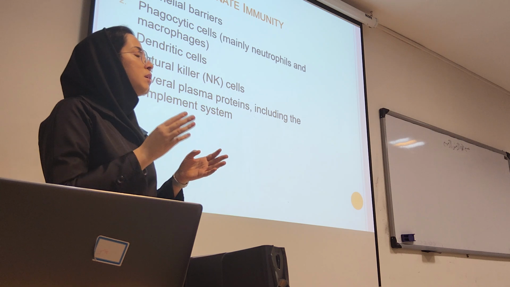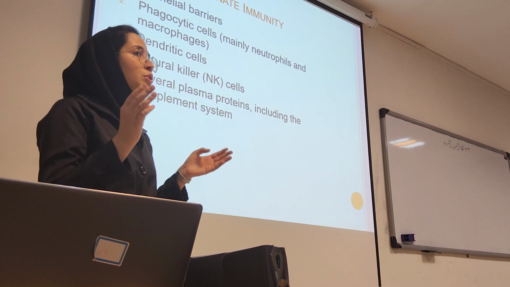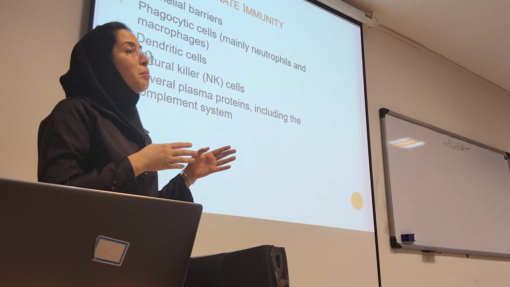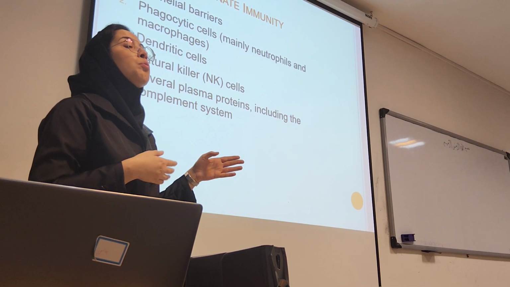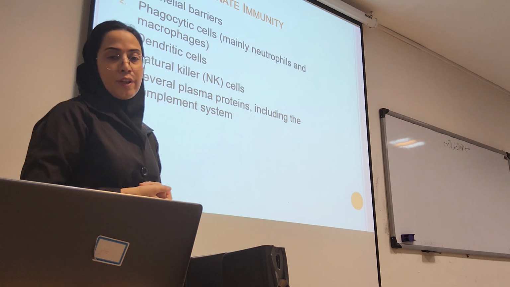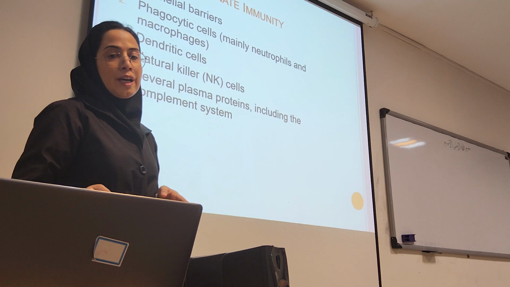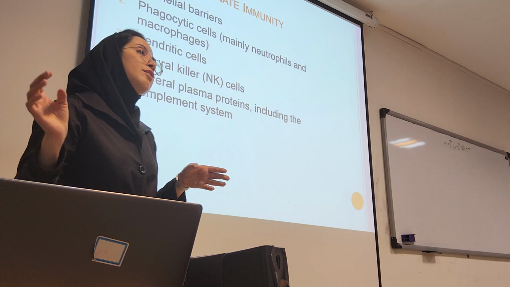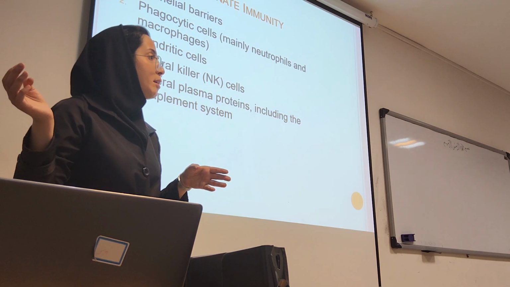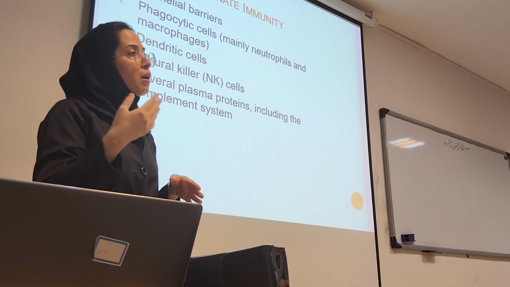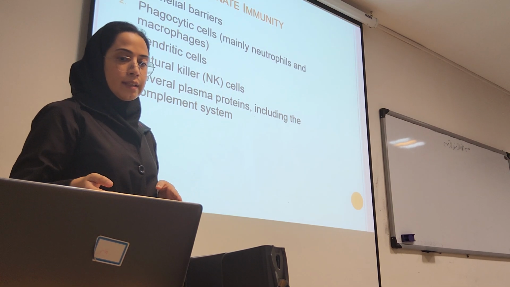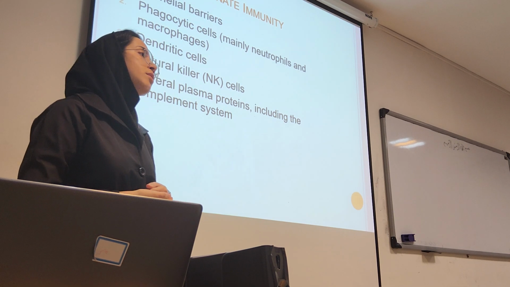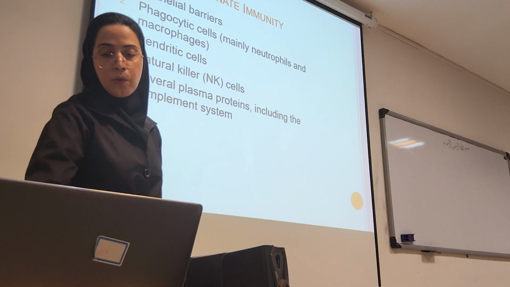And an important difference is that neutrophils are part of acute inflammation, and macrophages are part of chronic inflammation. So we have phagocytic cells, and epithelial barriers, which are the first barrier against microorganisms: skin, mucosa. And we have dendritic cells, natural killer cells, and plasma proteins, such as the complement system, as you know.